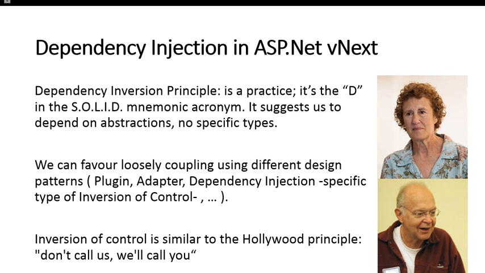Also remember that inversion of control is similar to the Hollywood principle: don't call us, we will call you. So it's three apparently different things, but they all try to meet the same goal, and the goal is loose coupling. Loose coupling by inversion of control, by dependency inversion, by the Hollywood principle.